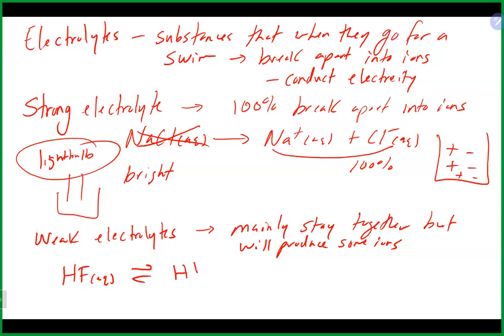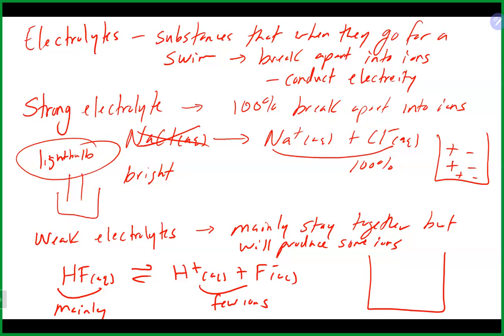It will break apart a little bit into H plus and F minus. You will have a few of these ions in solution, but you will mainly have this guy still together, which means when you look at this solution, you mainly have the HF still floating around, but you do have a little bit of H plus and a little bit of F minus floating around.